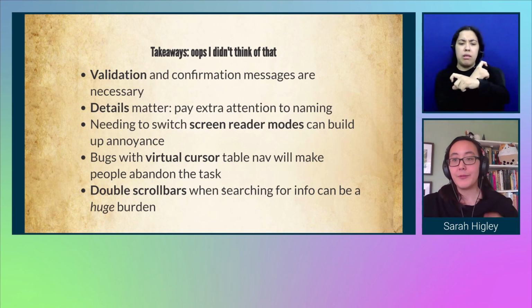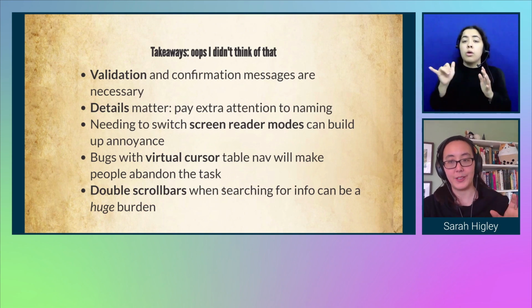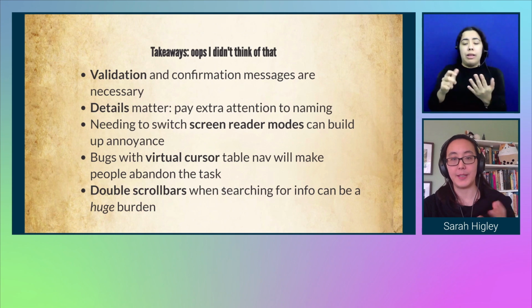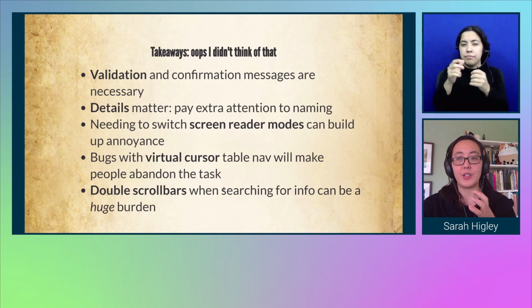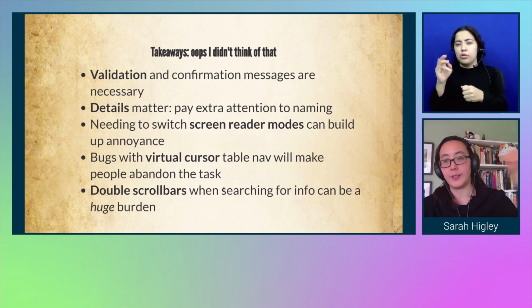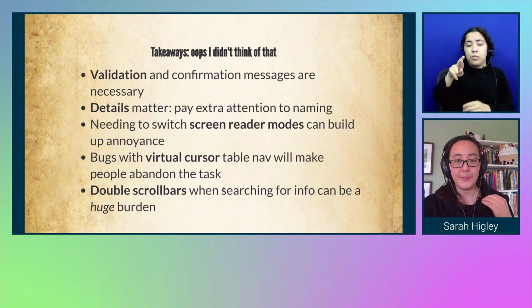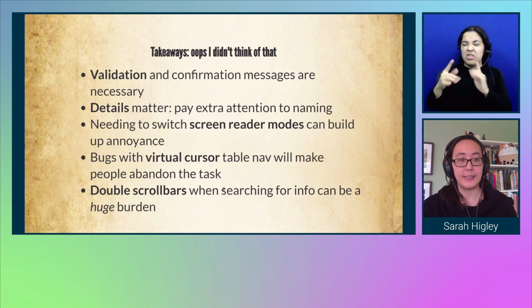Another couple screen reader specific things are needing to switch screen reader modes back and forth manually was really annoying and that annoyance built up over time, especially with something like a table. Bugs with virtual cursor navigation with tables, that's like using the screen reader cursor to move through like rows and columns. Like bugs with that will make somebody abandon the task very easily.